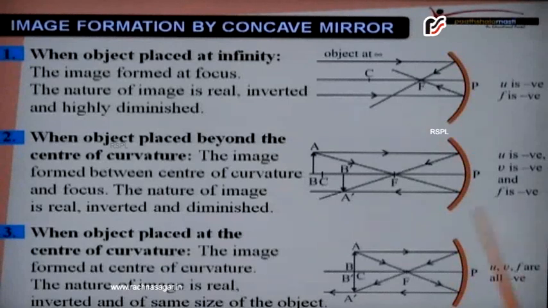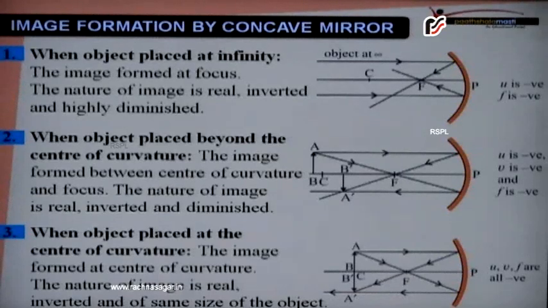Case 3, when the object is placed at the center of curvature C. Here object BA is placed at the center of curvature C. After reflection, the rays meet at point A dash. That is, the image formed is B dash A dash. Where is the image formed?